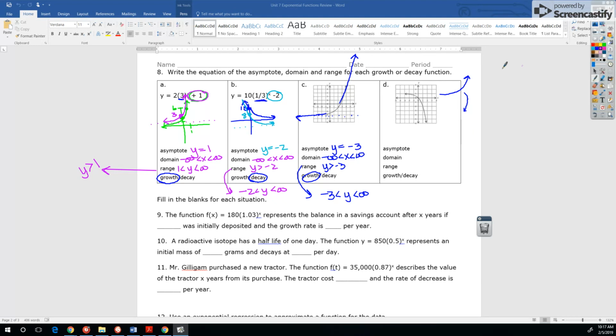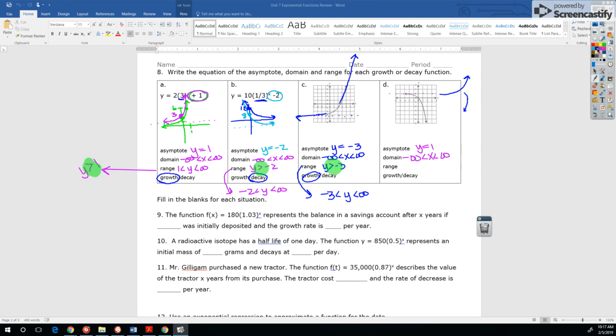The reason why I put this D on here is because I wanted you to see when the range is not greater, because you see that in all of these, y is greater than 1, y is greater than negative 2, y is greater than negative 3. So I didn't mean to confuse you about the growth and decay, that this is a growth that's reflected, but asymptote here is at 1. Domain is the same.